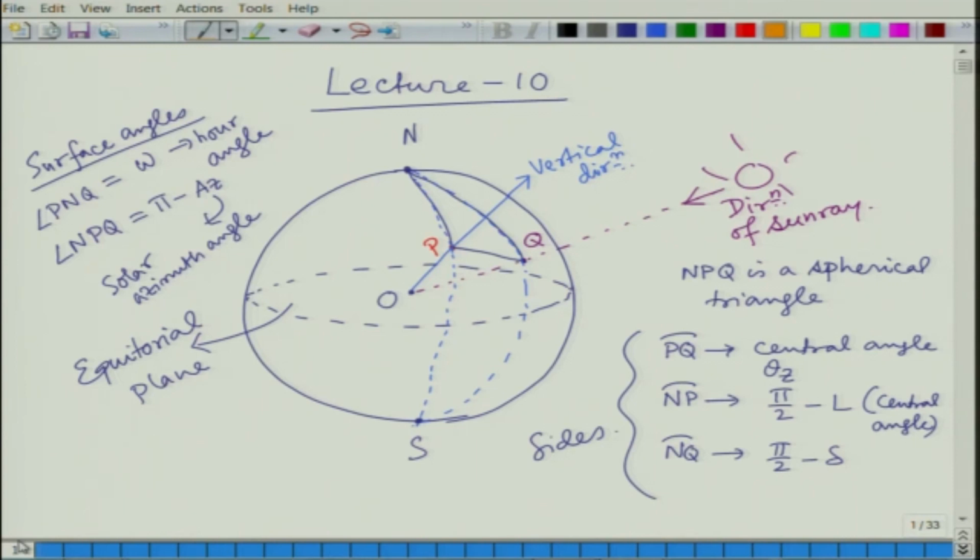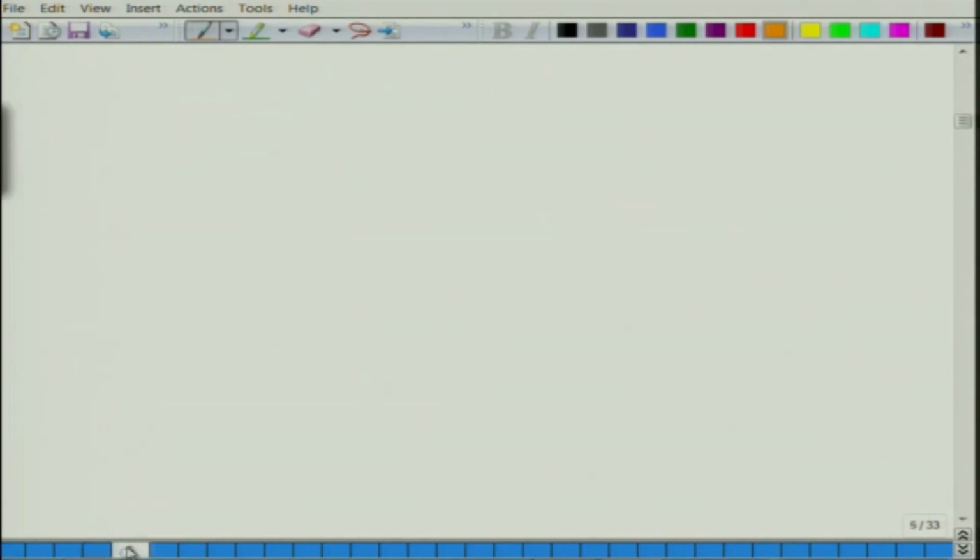Now, we can use the sine rule, and that is what we are going to use now. So, on the spherical triangle NPQ, we will use the sine rule.